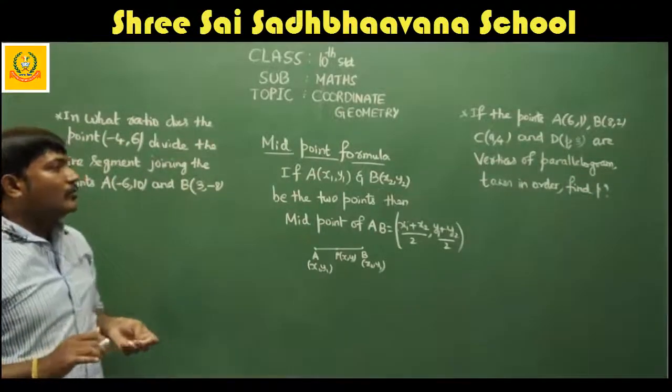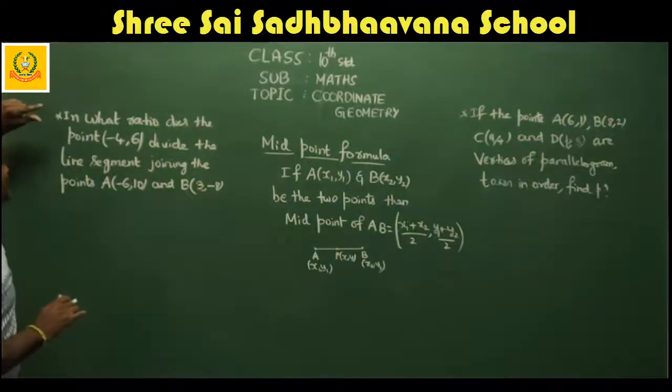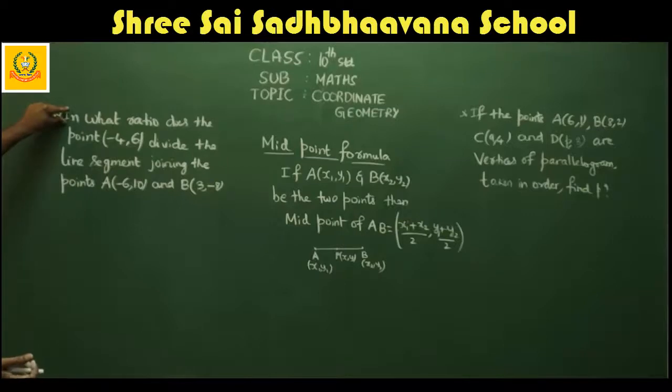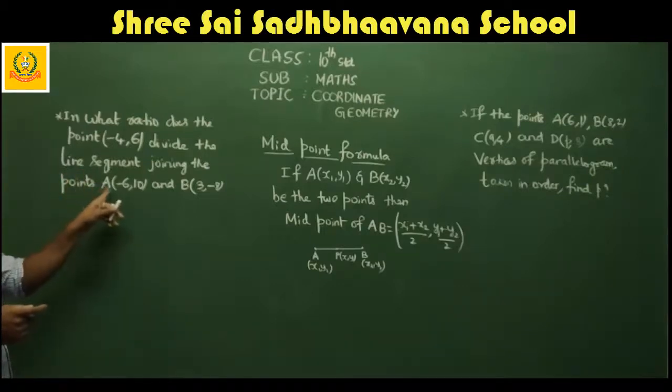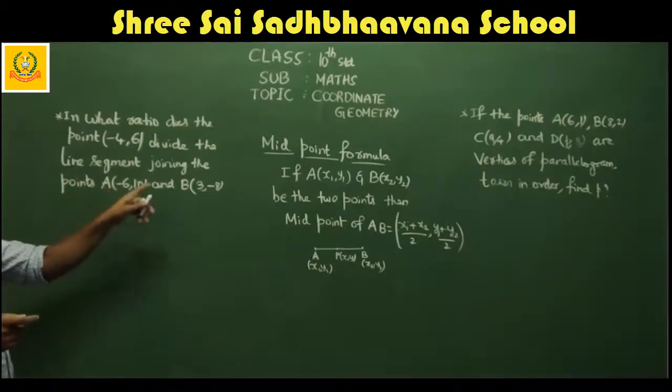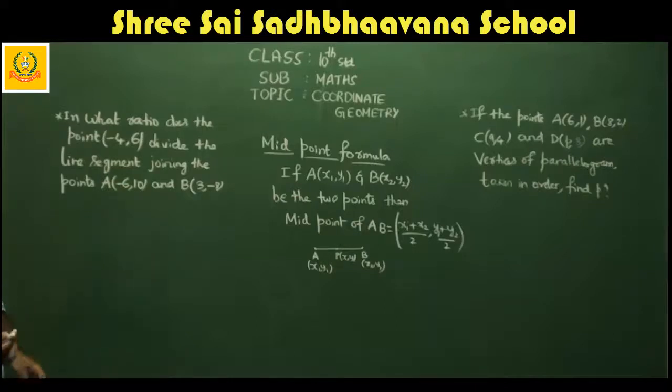Now look at the sum. I'll read it: in what ratio does the point (minus 4, 6) divide the line segment joining the points A(minus 6, 10) and B(3, minus 8)?